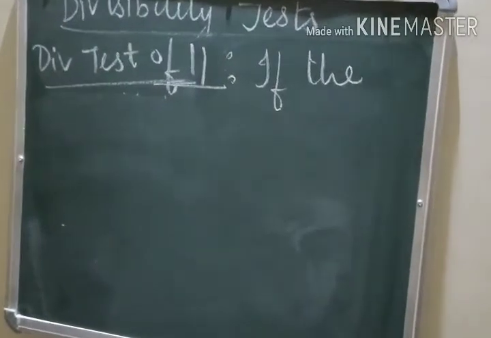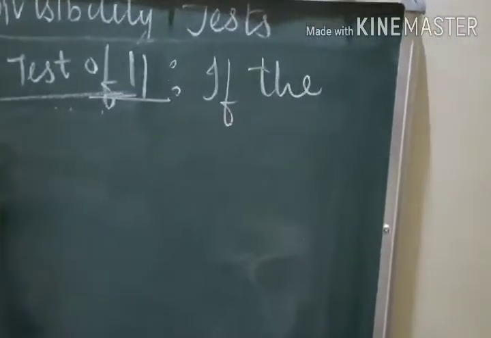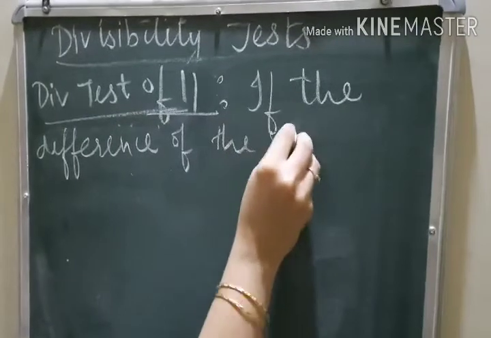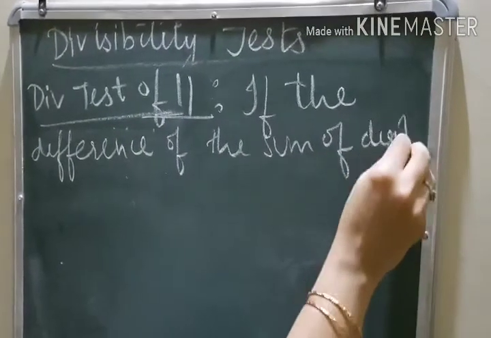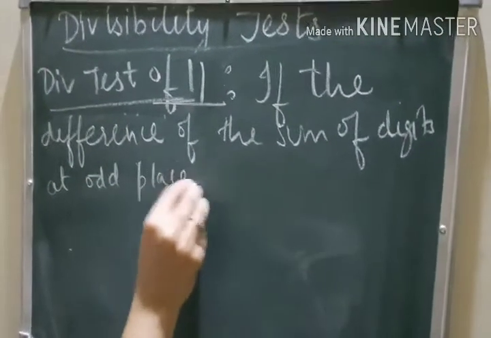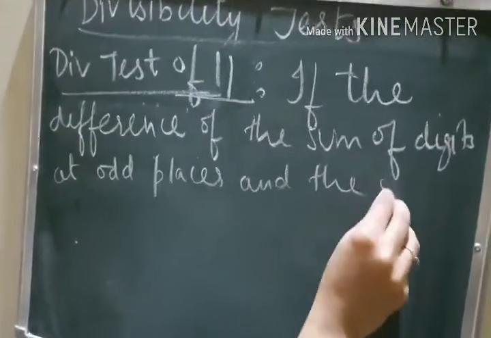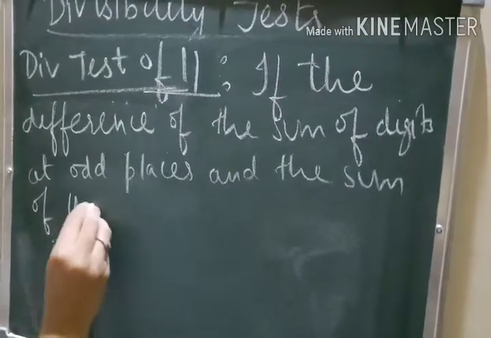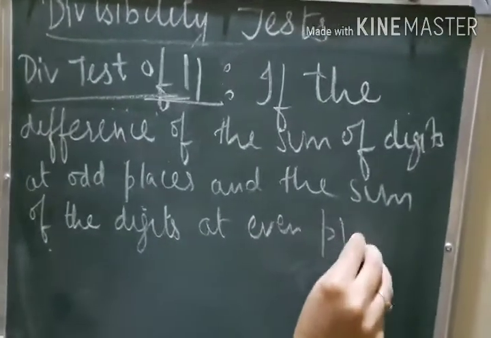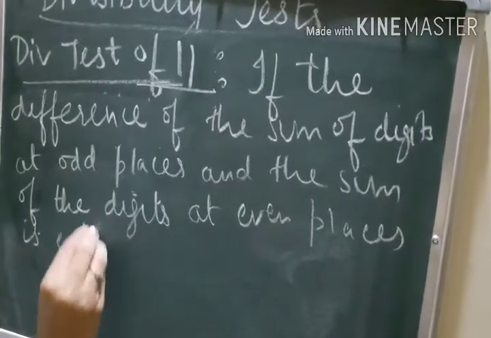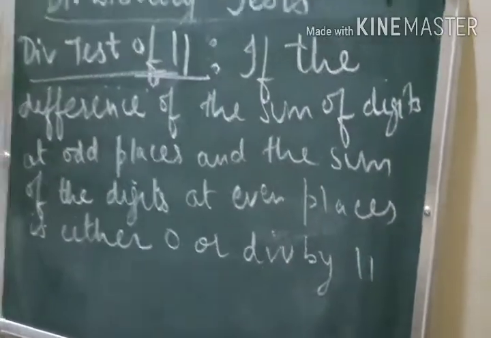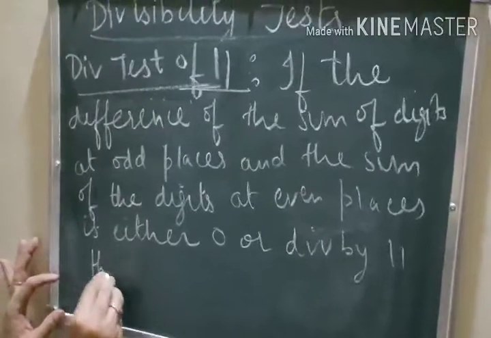If the difference of the sum of digits at odd places and the sum of the digits at even places is either 0 or divisible by 11, then the number is also divisible by 11.